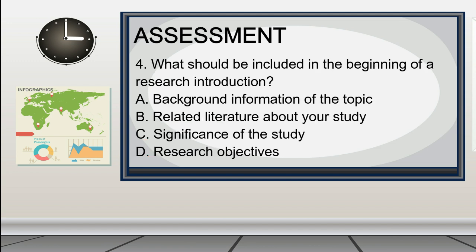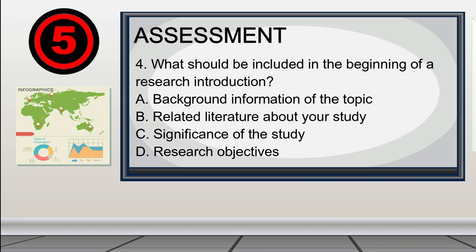Four. What should be included in the beginning of a research introduction? A. Background information of the topic. B. Related literature about your study. C. Significance of the study. And D. Research objectives.